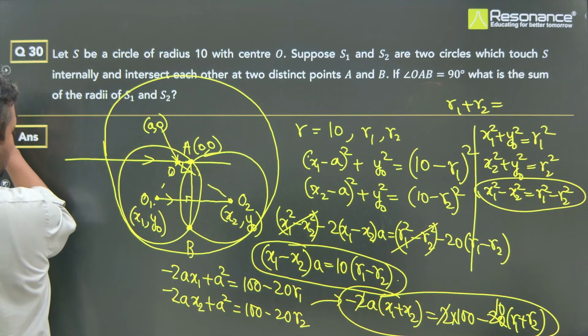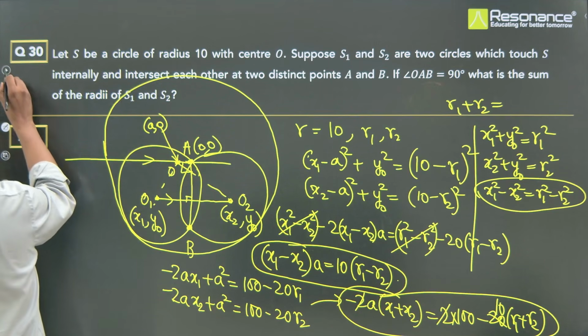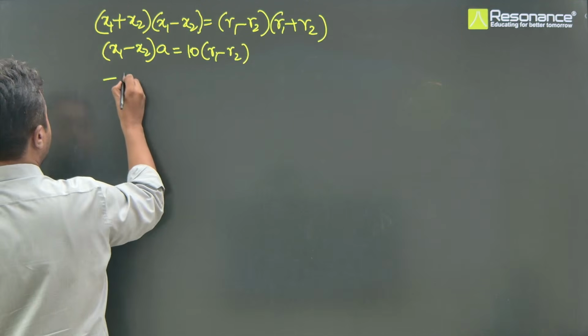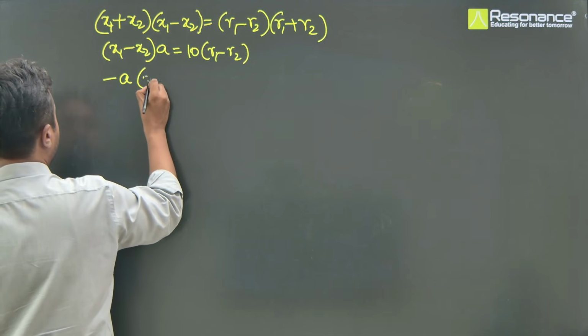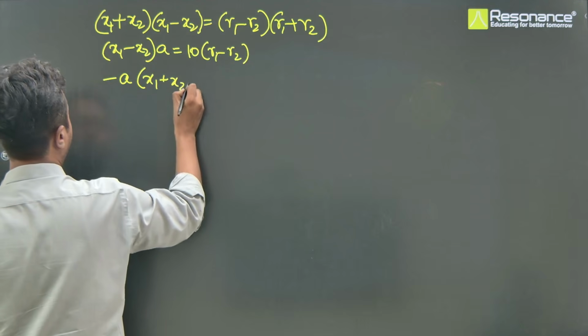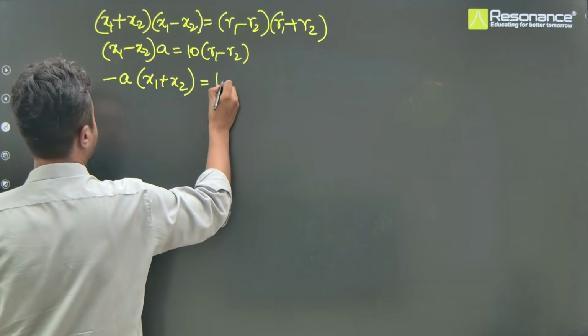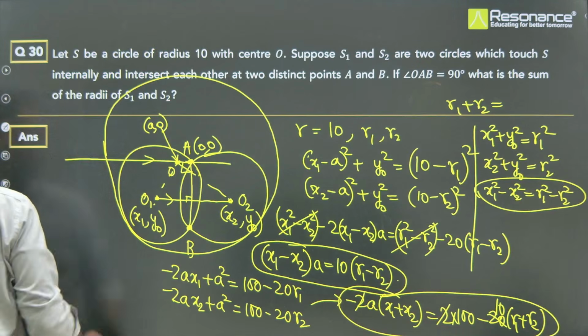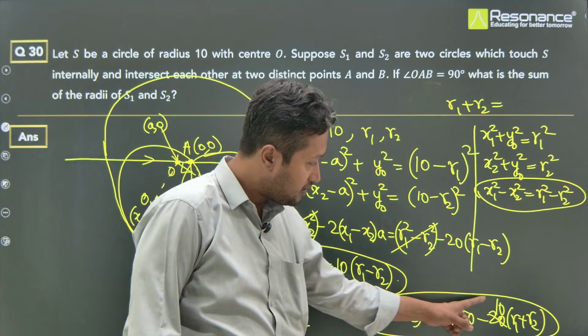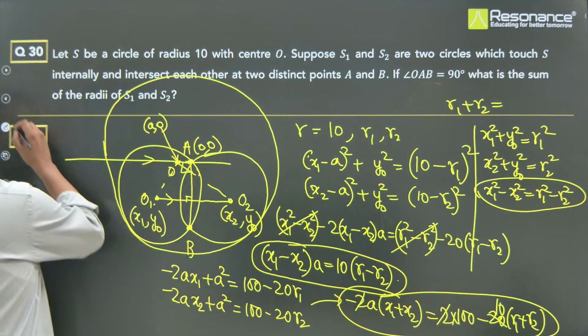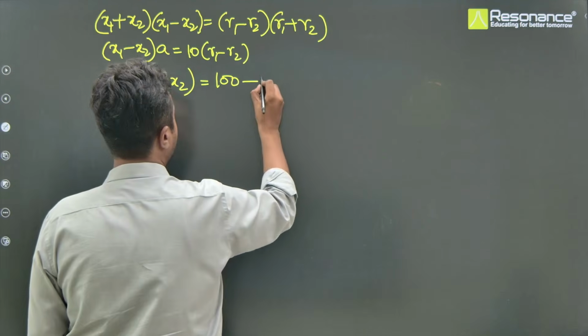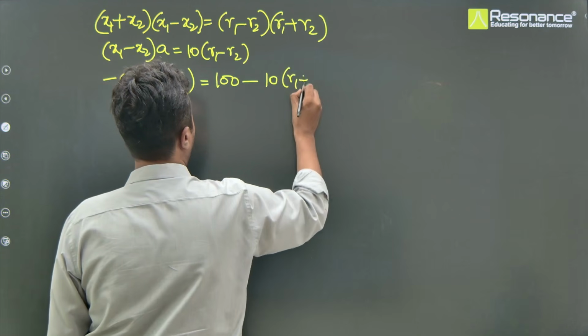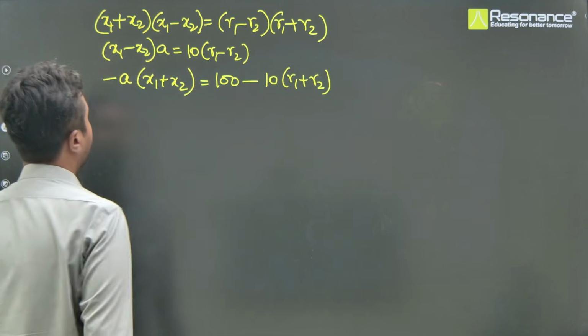Minus a into (x1 plus x2) is equal to, I guess it's 100 on that side. That's right, 100 minus 10 into (R1 plus R2).